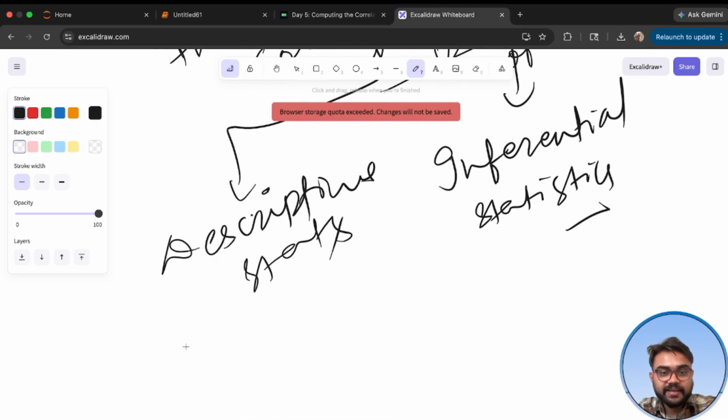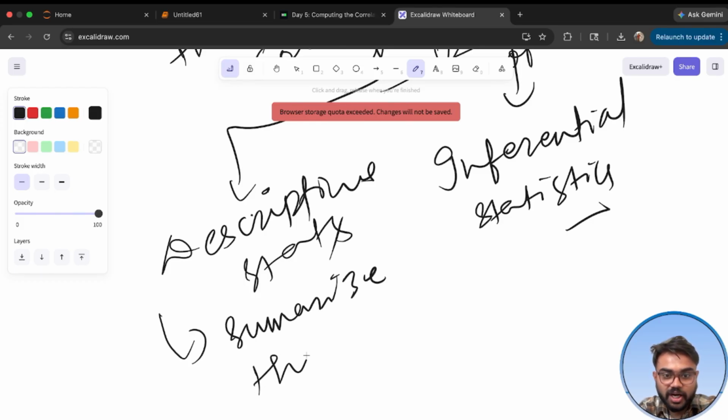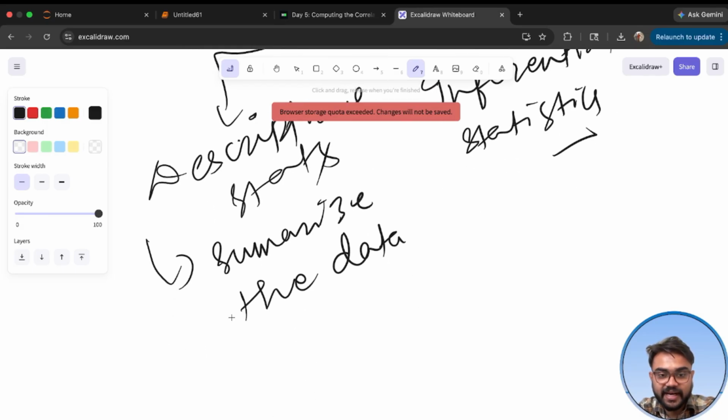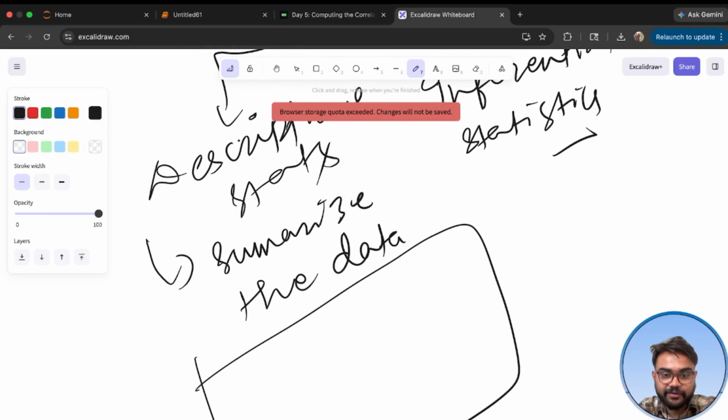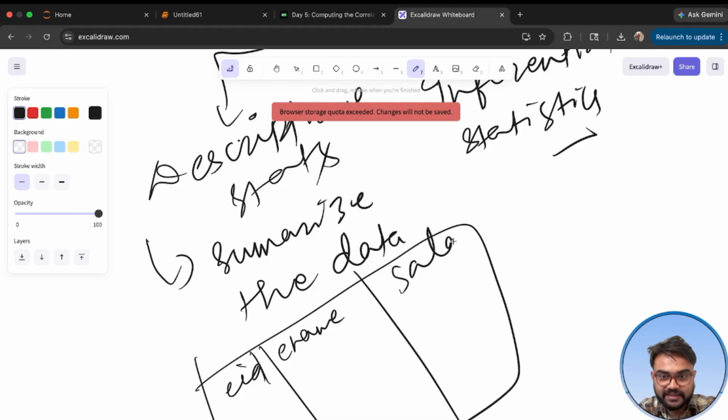Now, in descriptive statistics, you summarize the data. How can you summarize the data? Suppose you have this data set, and here we have ID, EID, employee name, and salary.